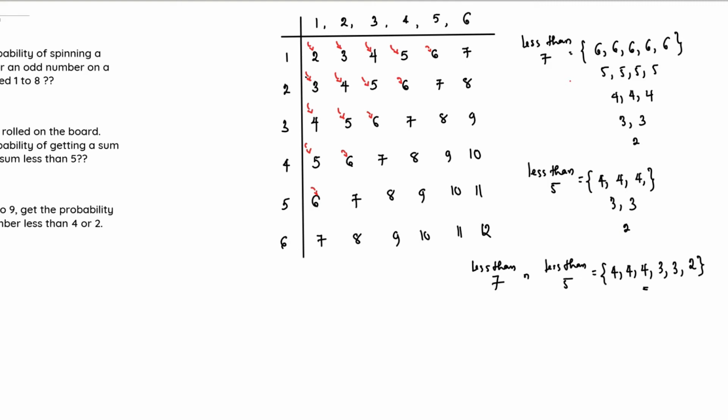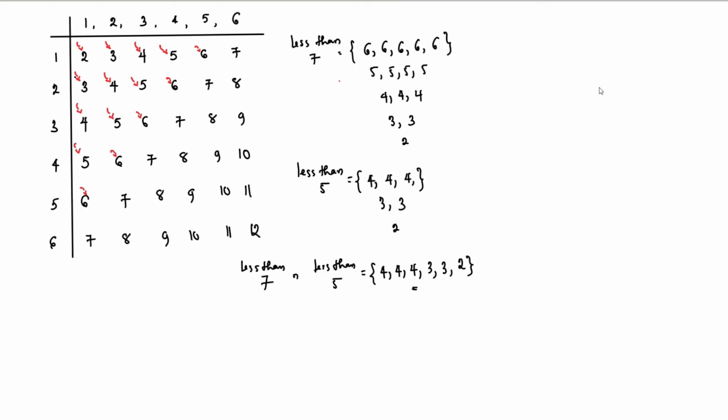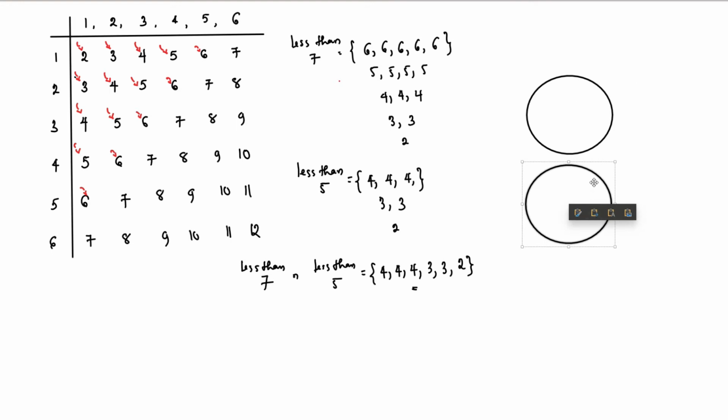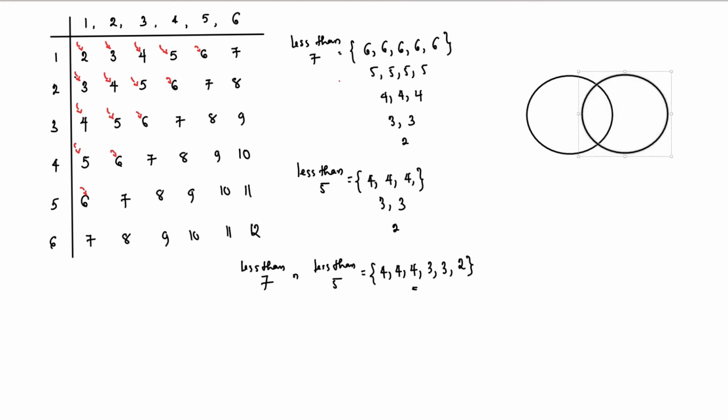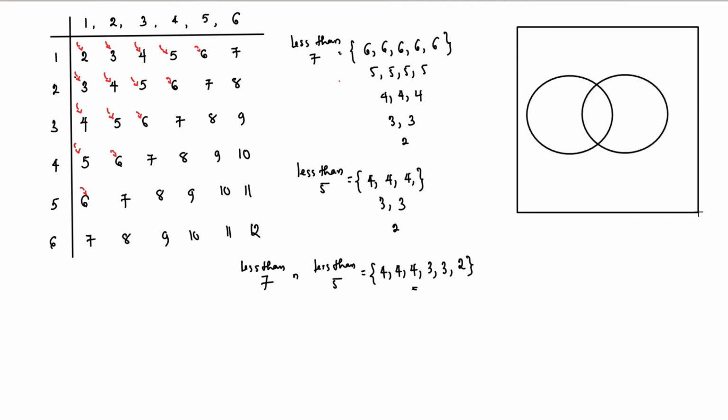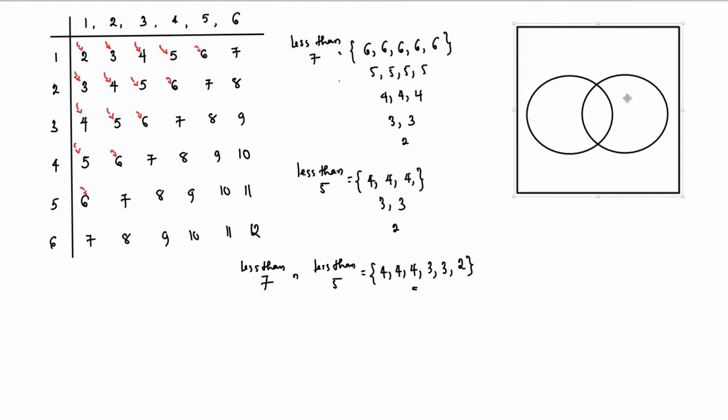So let's use our Venn diagram to pictorially represent this question. We have 2 circles as usual. Let us draw this first circle, copy and paste it, and bring it up here to intersect that. I will also draw the rectangle to represent the universal set.